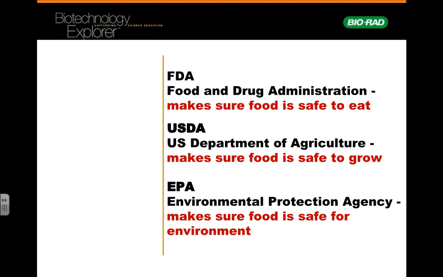Also, the USDA, the U.S. Department of Agriculture, is going to make sure the food is safe to grow. And then also the EPA, the Environmental Protection Agency, is going to help make sure that the food is safe for the environment. You got to satisfy all three of these groups. And that's true for any genetically modified crop. Not necessarily completely true for every selectively bred one, but definitely true for every genetically modified crop.